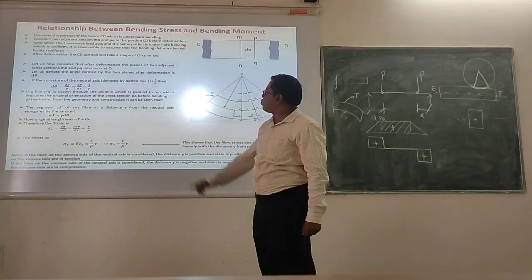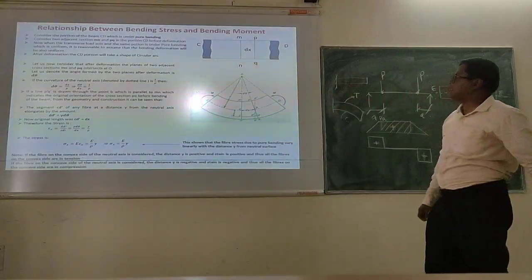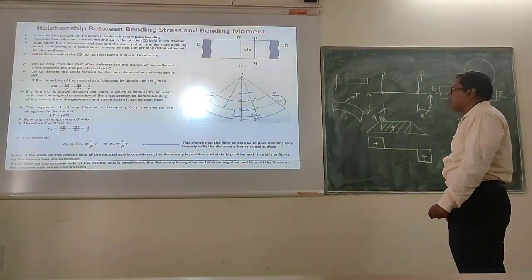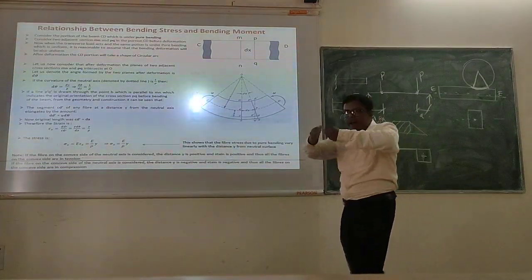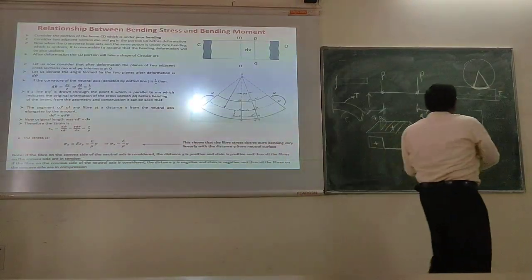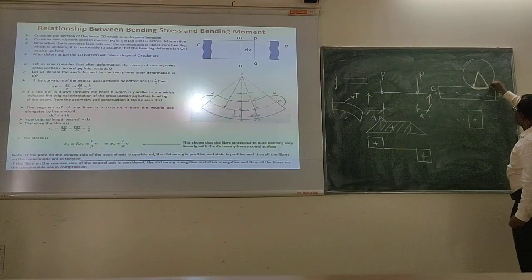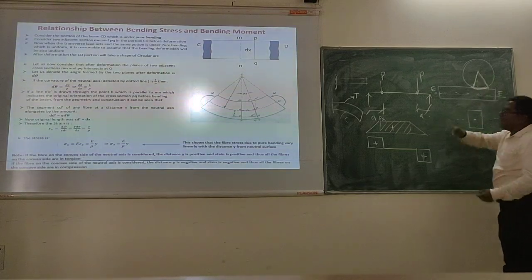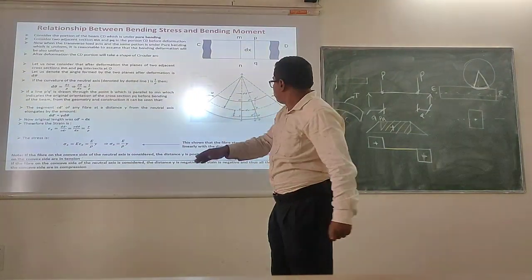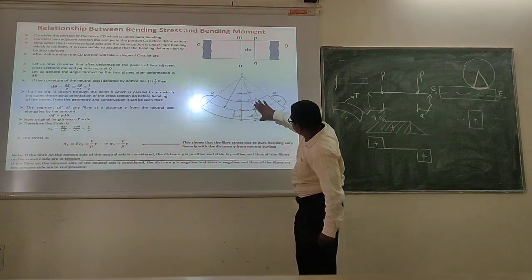Now you see, let us consider that after deformation, the planes of two adjacent cross sections MN and PQ intersect at O. After bending, in this circular arc, initially it was vertical, then there is bending, so it intersects at point O because it is circular. So you see MN and this is your PQ. Can you see?